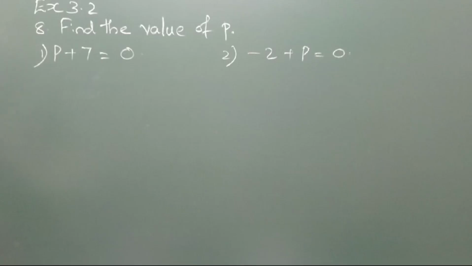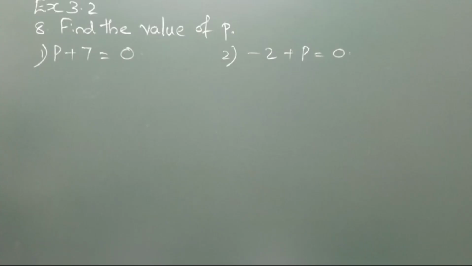Our next question is, find the value of P. First question is, P plus 7 is equal to 0. We have already learned that for any integer, there exists its opposite.